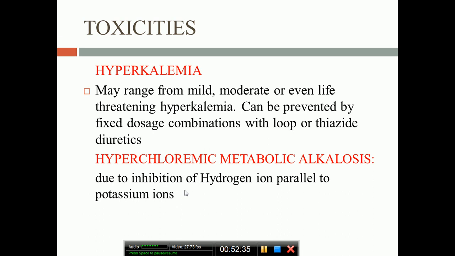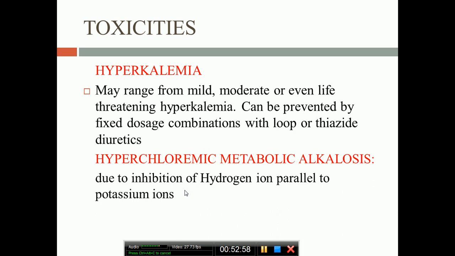Why may hyperkalemia be life-threatening? This can arrest the cardiac movement. This can trigger the repolarization. So this can be prevented by fixed dosage combination with loop or thiazide diuretics.